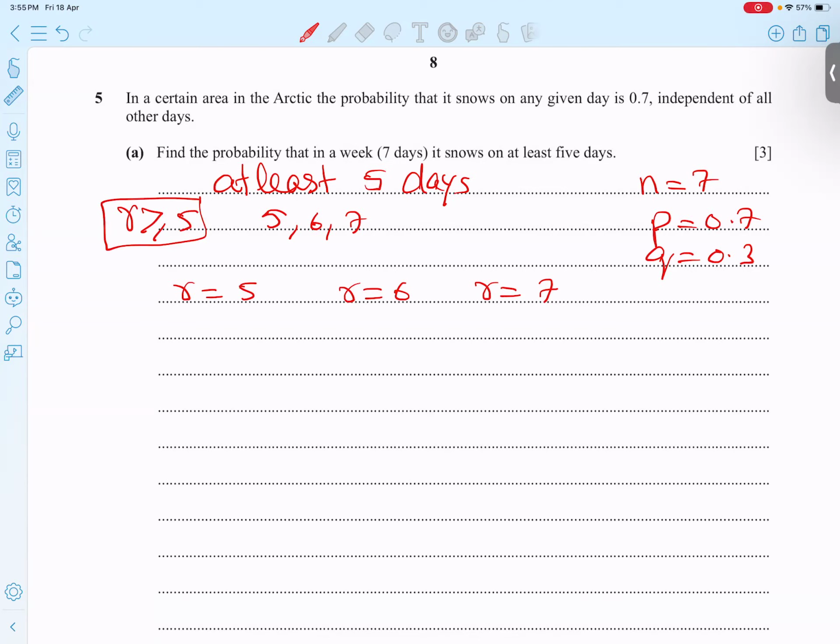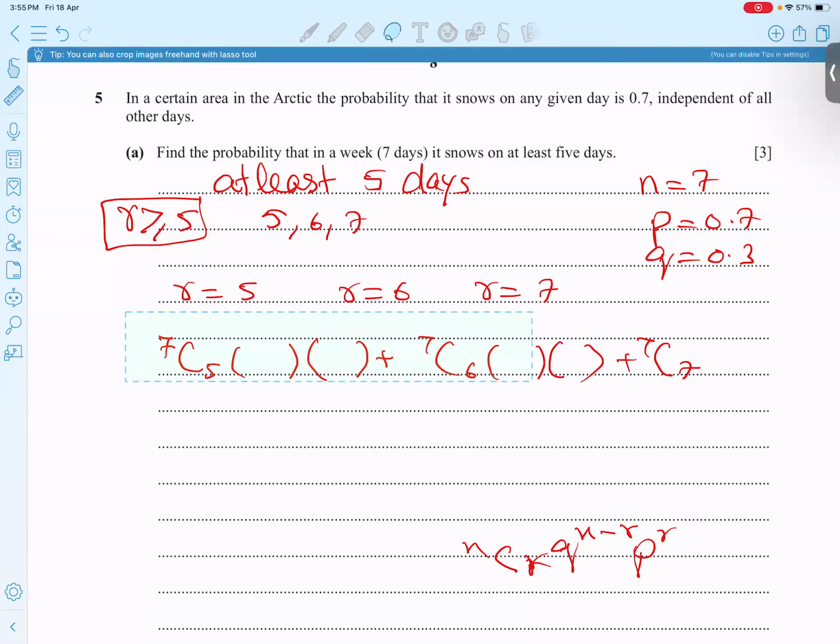So we have the formula, all of you know, NCR, Q to the power N minus R, P to the power R. So applying: 7C5, then 7C6, and lastly 7C7.